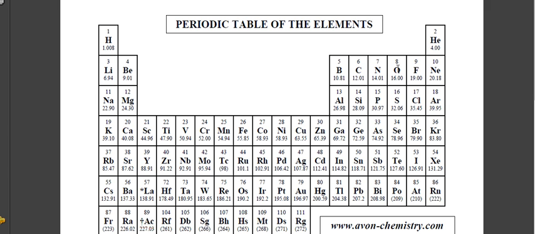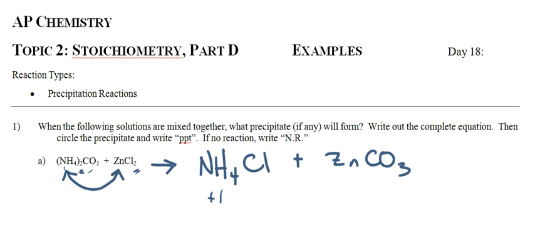That's why nonmetals gain electrons, where the metals lose electrons. So nonmetals gain, metals lose. That's why metals have positive charges, and that's why nonmetals have negative charges. All right, so chlorine has a -1 charge. So if chlorine has a -1 charge, this compound, ammonium chloride, is balanced as written.